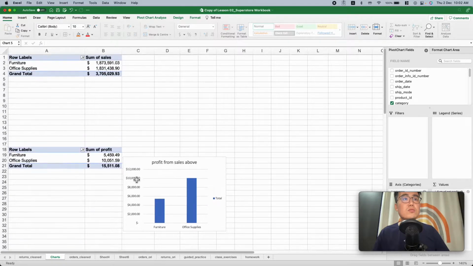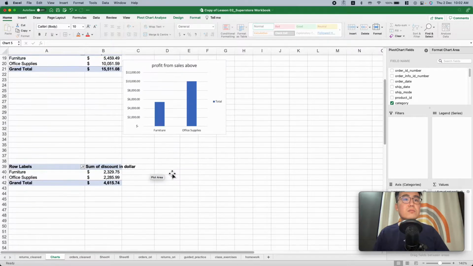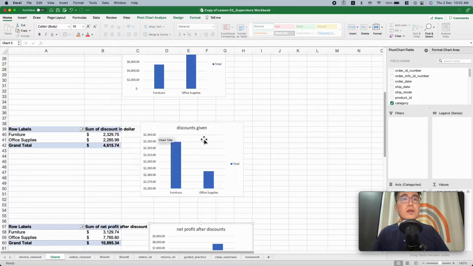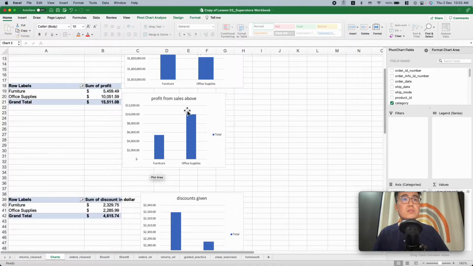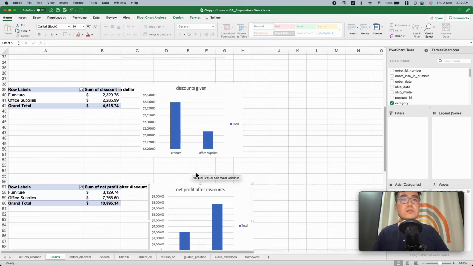And then the next step, this is my thinking process. Once we understand the total sales of that year for these two categories, furniture and office supplies, and we understand the total profit within those sales, which is these two, 5,000 and 10,000, then from the profits we have to remove the discounts given by the sales rep, which is 2,000 each, plus or minus.